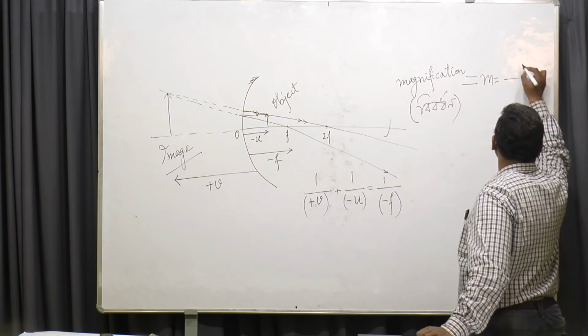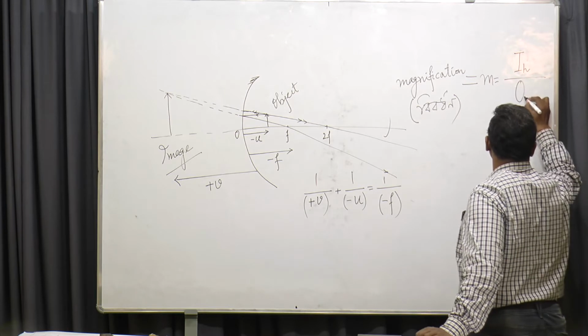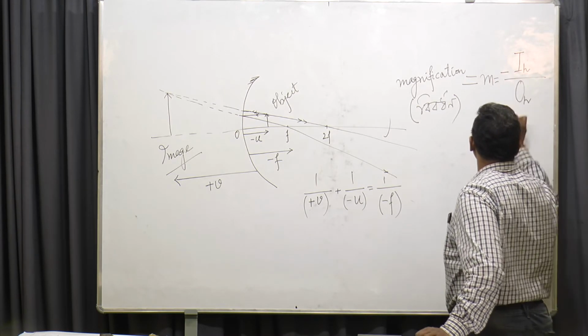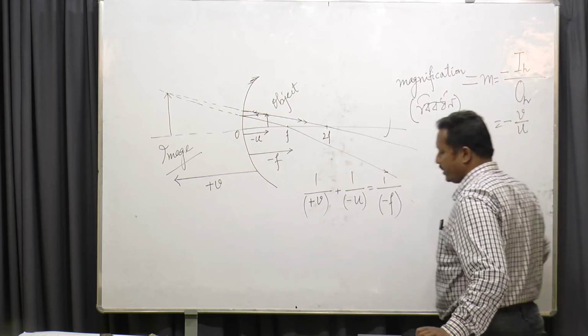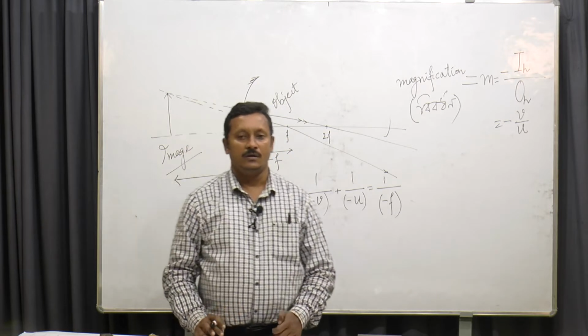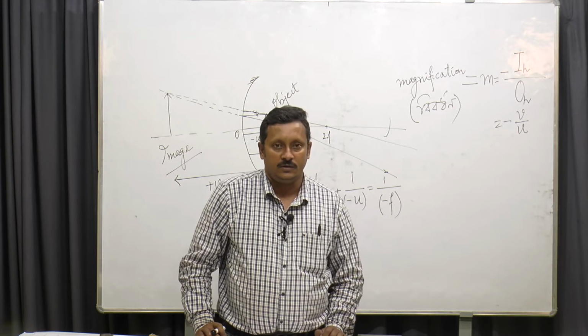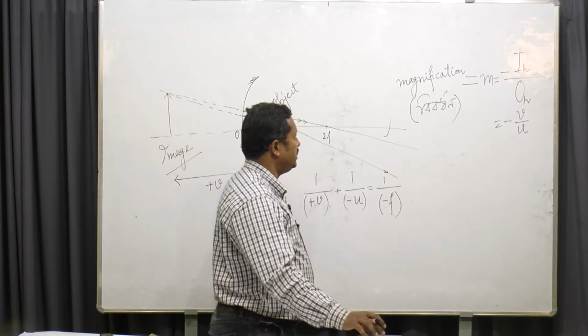So through these parameters I will be saying that the magnification is denoted by M, which is equal to image height by object height, which can be with a minus sign, minus V by U. So you need not go through the derivation, just know the formula, because all these things are done in class 10th. Okay, I am just recapitulating all these ideas.